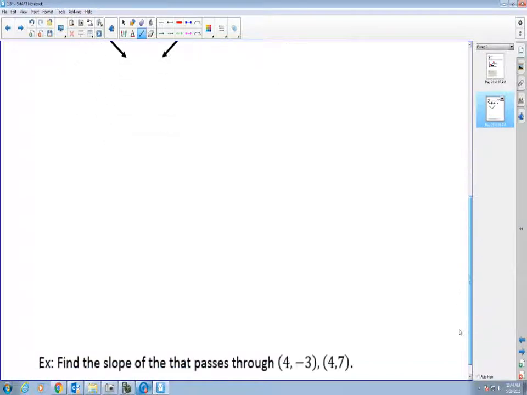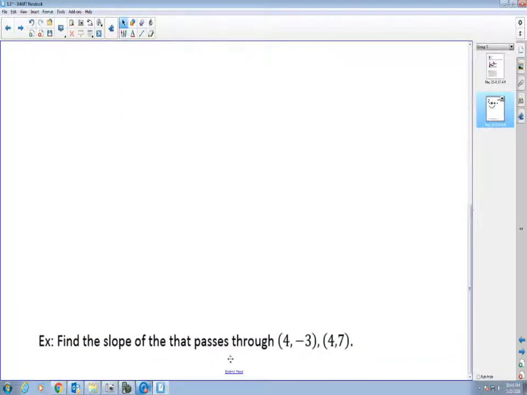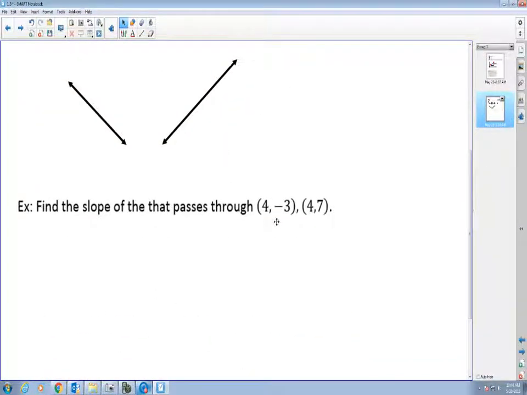Alright, let's try this example. This example is a little bit tricky because what you notice here is the two x values are the same. If you plot these 2 points, to the right 4 and down 3, to the right 4, up 7, if you connect the 2 points, it's actually going to be a vertical line.